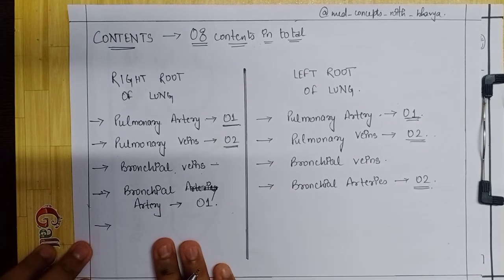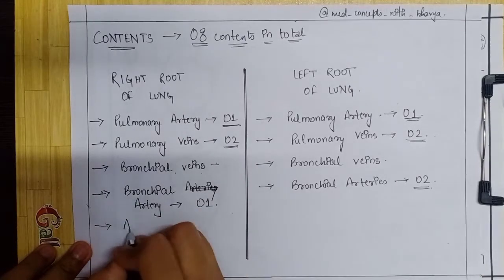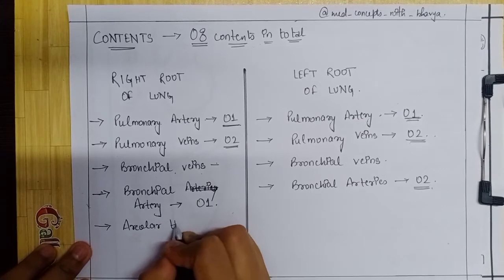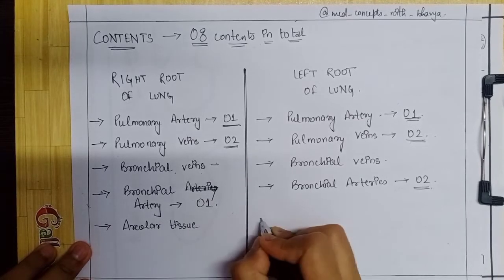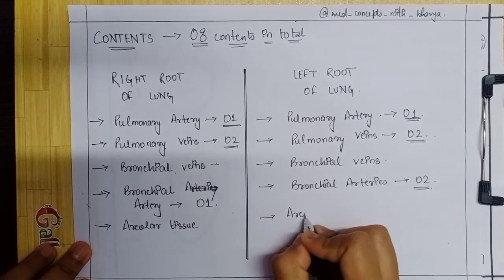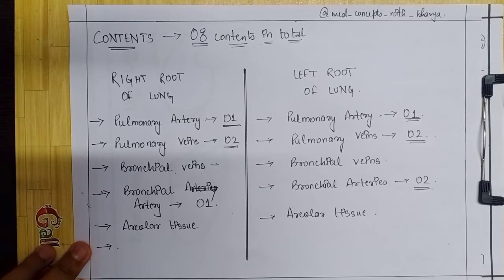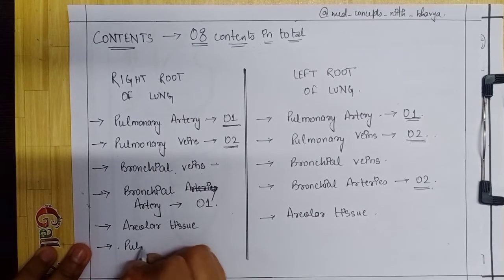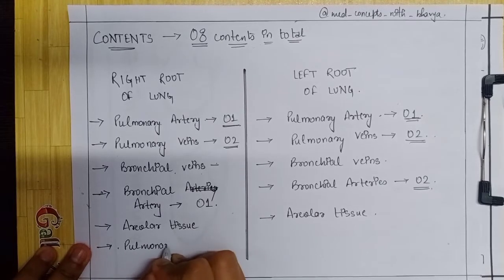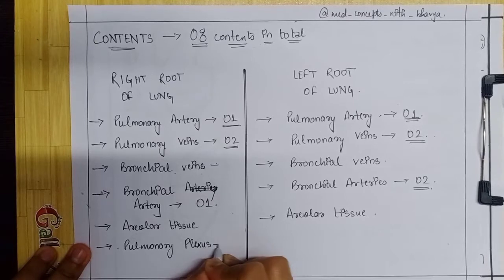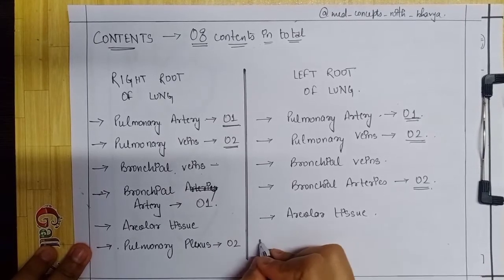Then we have areolar tissue on both the sides. Then we also have pulmonary plexus, which is common. This is 2 in number on both the sides.